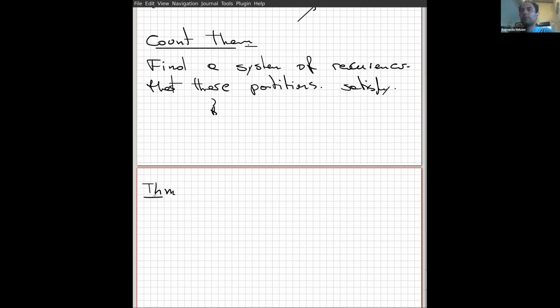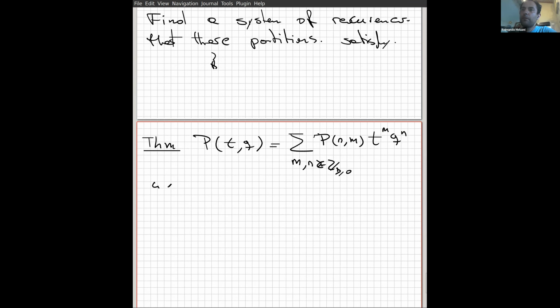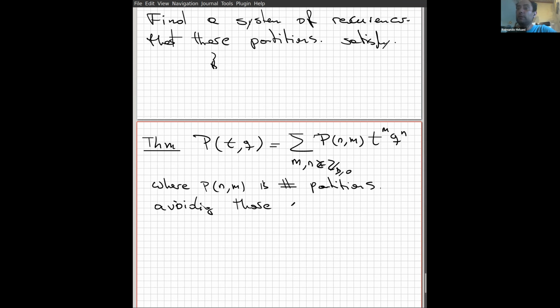I don't know how simple it is, but let's put P(t,q) to be the sum of P_{n,m} t^m q^n, where P_{n,m} is the number of partitions avoiding those terms above. So they are not multiples of the monomials in the ideal.